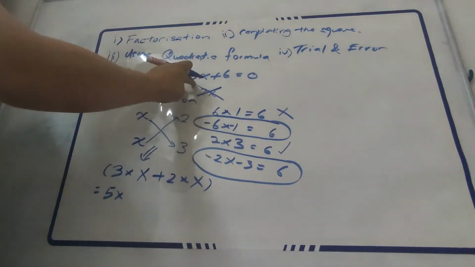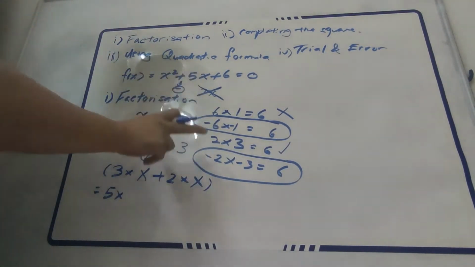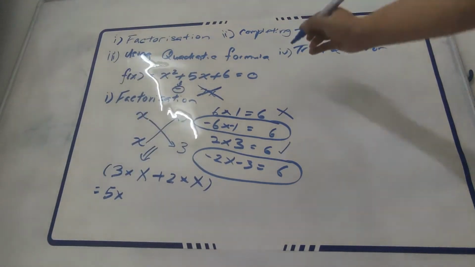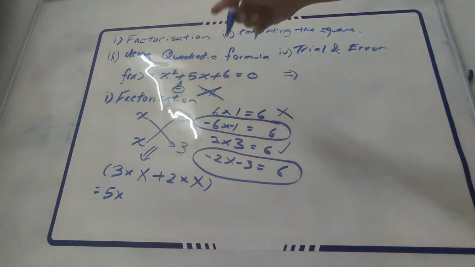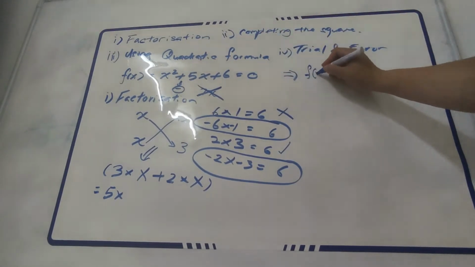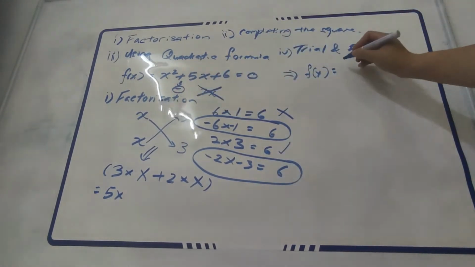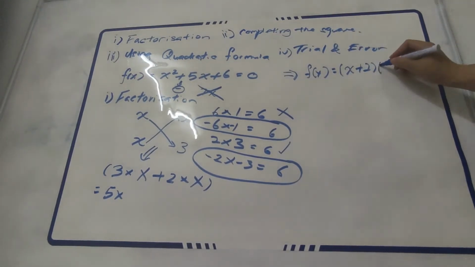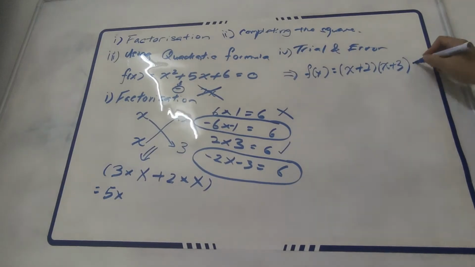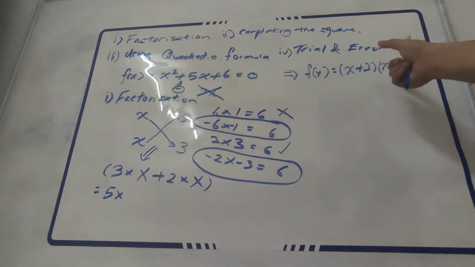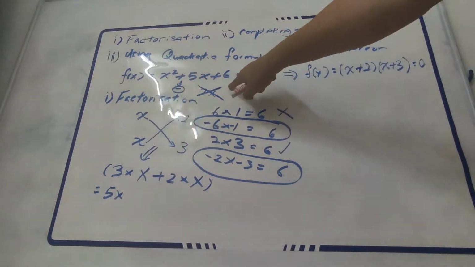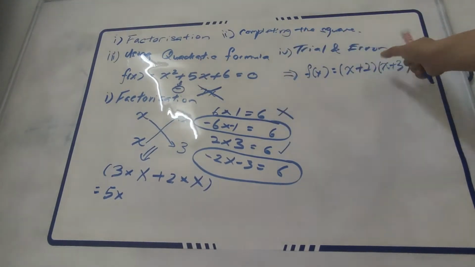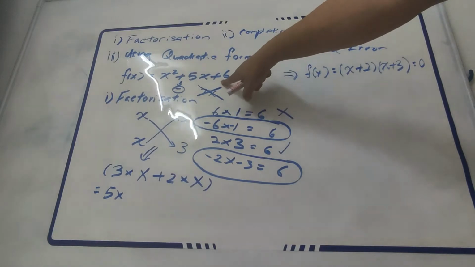So this is the suitable candidate. So when you write the factorization, it will become fx equals x plus 2, x plus 3 equals 0. If you multiply these two factors back together, you will get back this quadratic function.